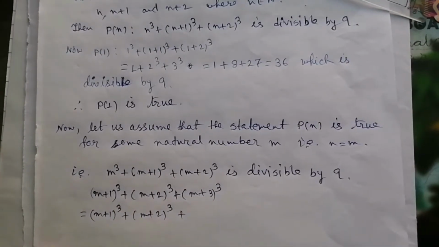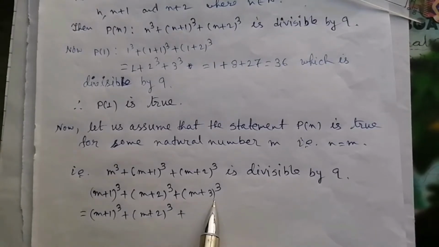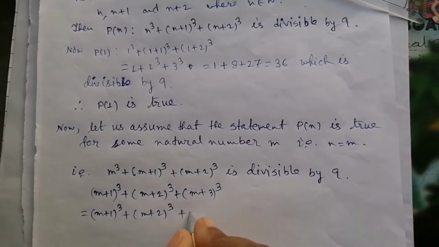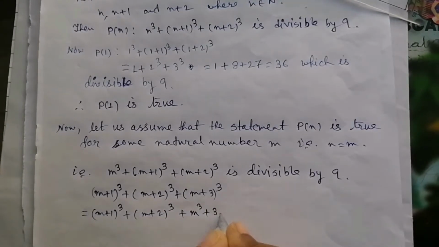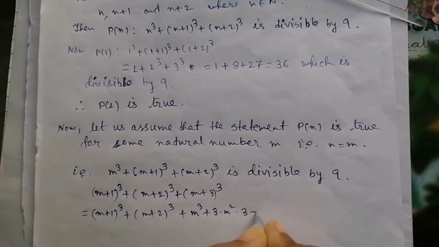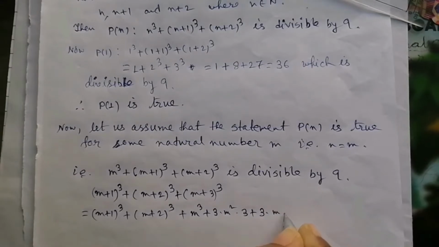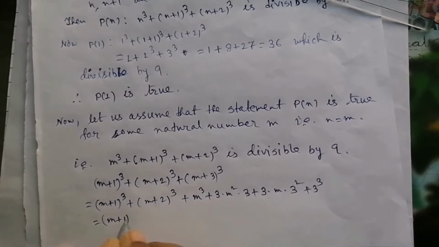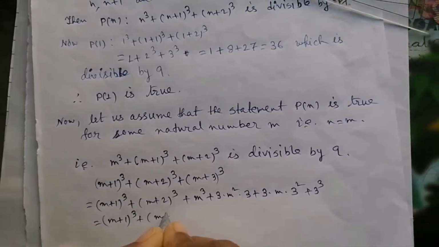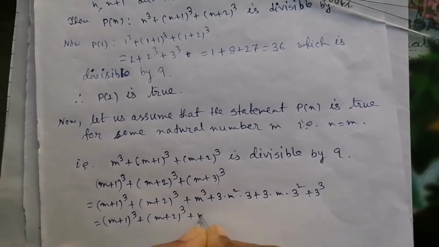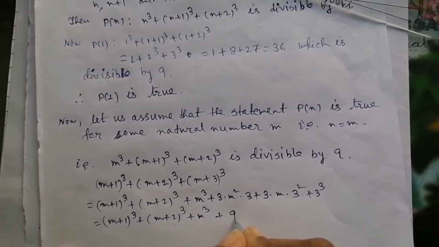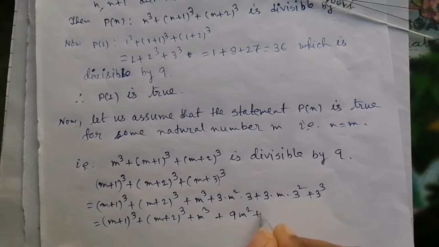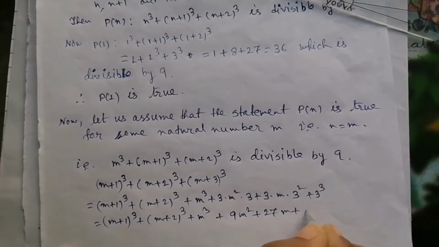And now I am going to expand this with the help of (a plus b) whole cube formula. M cube plus 3m square into 3 plus 3 into m into 3 square plus 3 cube equal to (m plus 1) cube plus (m plus 2) whole cube plus m cube plus 9m square plus 27m plus 9.